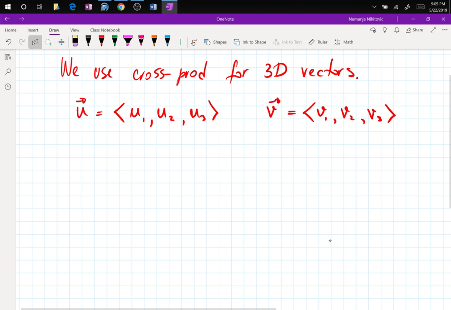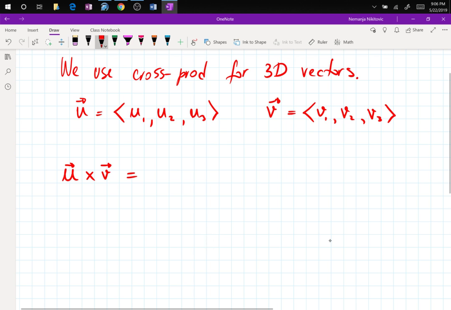Now here is the way to compute the cross product u cross v. For this we will use a matrix to set up, and then we are going to solve the determinant of that 3x3 matrix, break it down into 3 2x2s, and then finally get the answer.